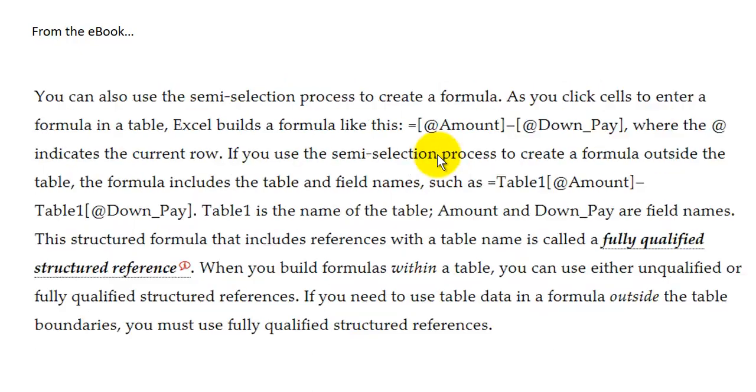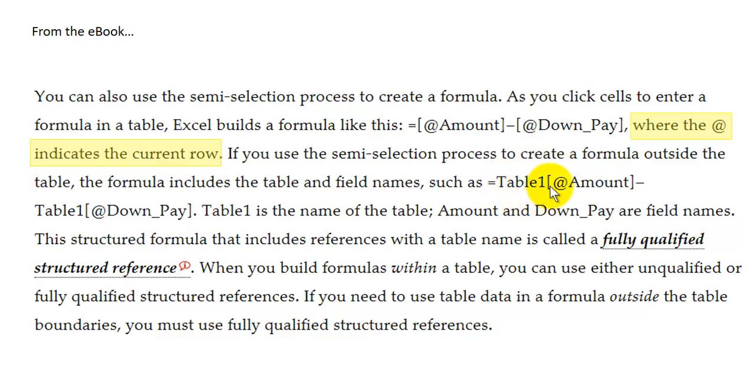Because we're in our table. If we wanted to refer to a very specific row in our table, we would add the @ sign. If we have lots of tables or we're working outside of our table, then we might even want to include the table name, and that would just simply be put in front.